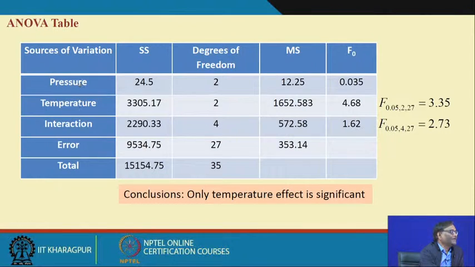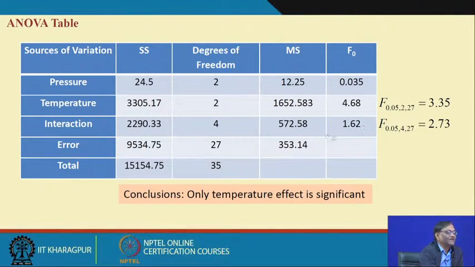For pressure and temperature the threshold F with alpha equal to 0.05, F 0.05, 2, 27, is 3.35, and for interaction F 0.05, 4, 27 is 2.73.